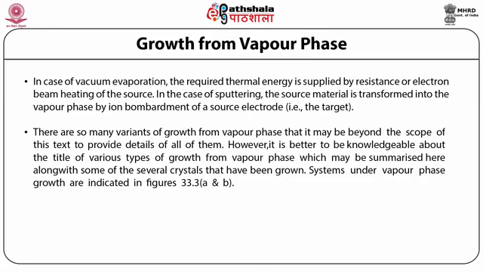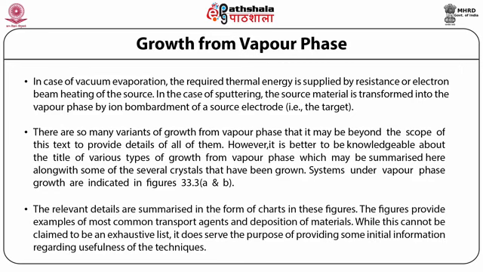Systems under vapor phase growth are indicated in figures 33.3a and b. The relevant details are summarized in the form of charts in these figures. The figures provide examples of the most common transport agents and deposition of materials.